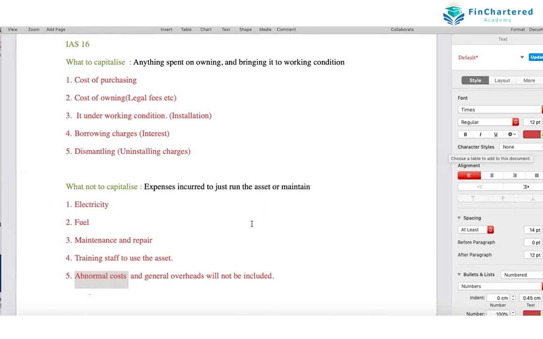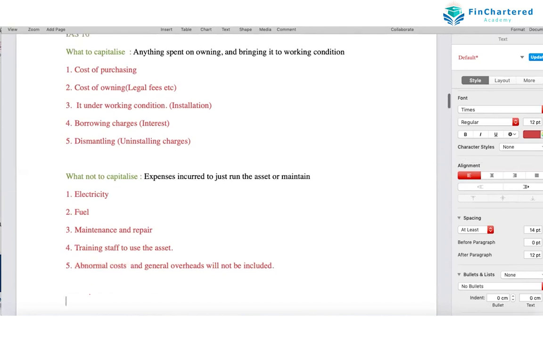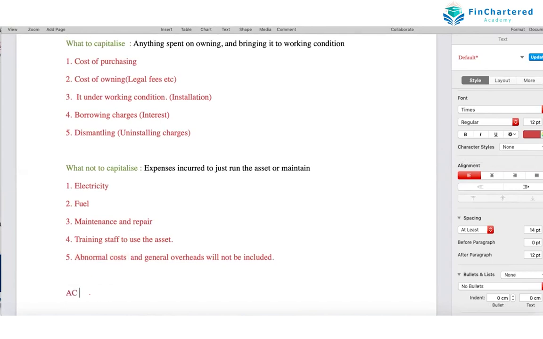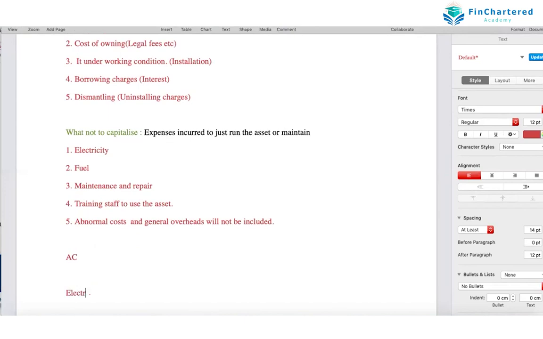Yes. And what about general expenses? For example, after getting the AC, you get an electricity bill of 5,000. This bill, is it only for the AC? No, it's for everything.